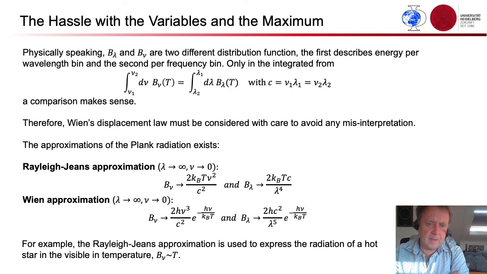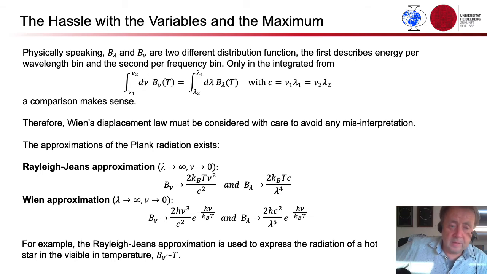So let us come back to the question we already asked about the meaning of this maximum of the Planck function, or if it really has a physical meaning, let's say it like that. The key problem that we have is, and I just want to repeat that here, that the two functions, the frequency and the wavelength representation of the Planck radiation, are two different distribution functions.